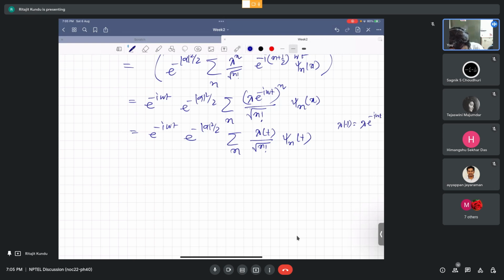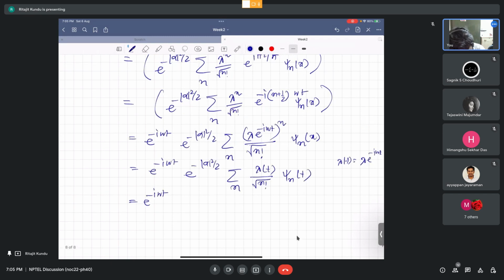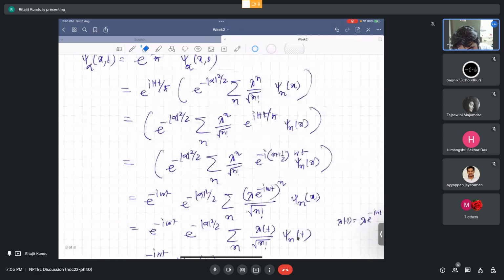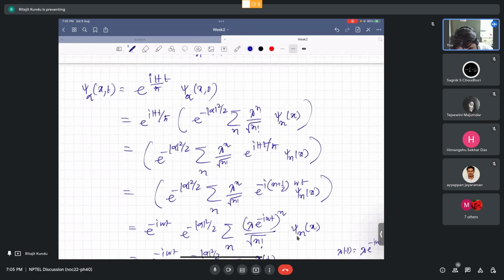We can again write this as ψ_α(t)(x). We are using the time independent equation, but now the time dependence has been injected inside the α itself. I am mixing up the lambdas and alphas. Actually, all of these things should be alpha.